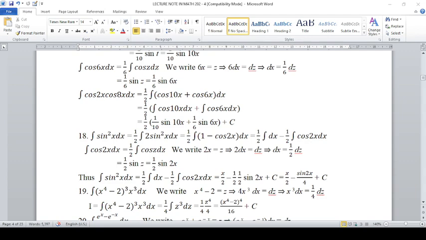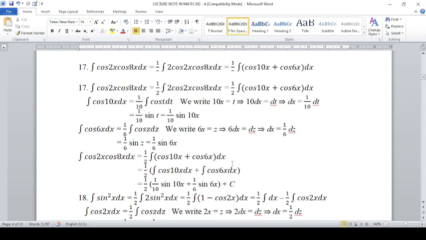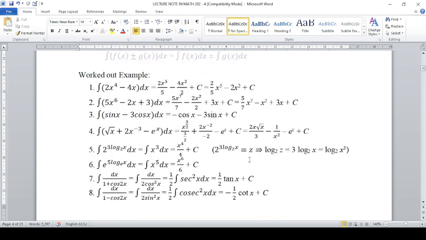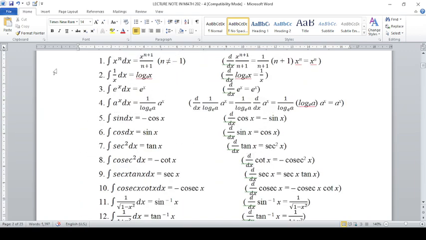We have this formula. It is this one, number 2. So integration of dx by x is log x. So we are applying this formula. These are basic formulas.